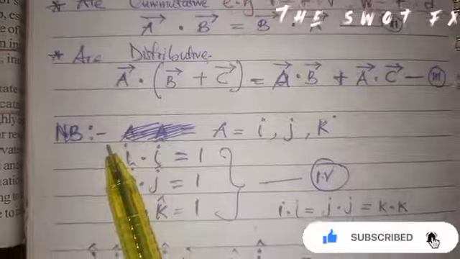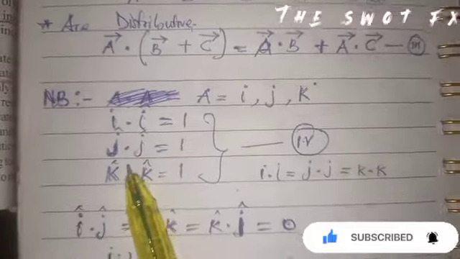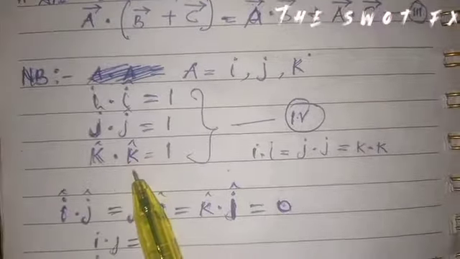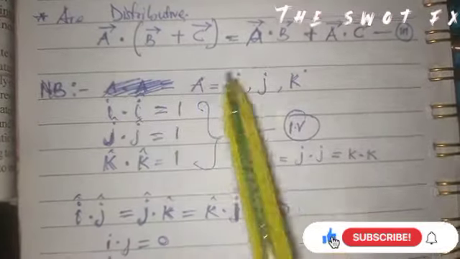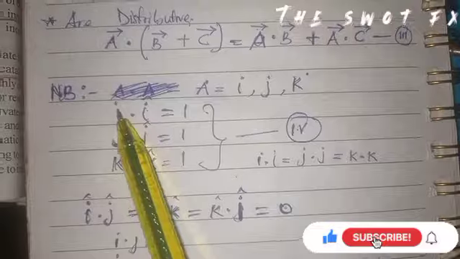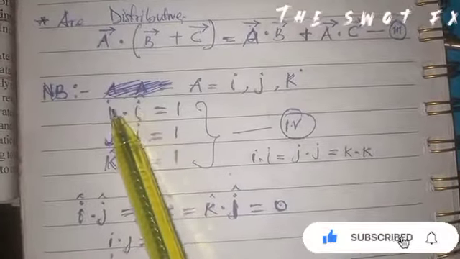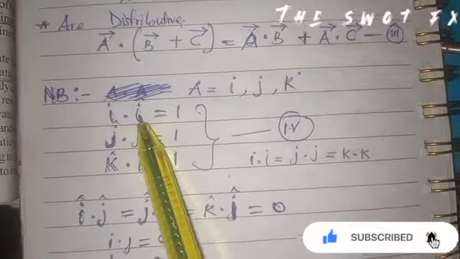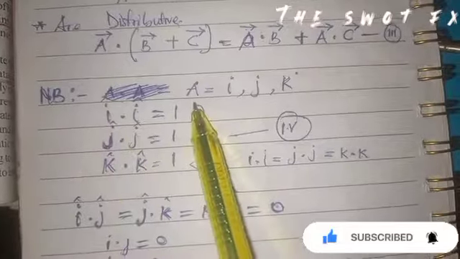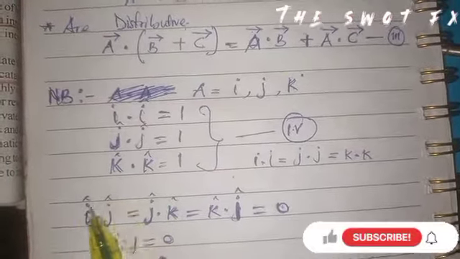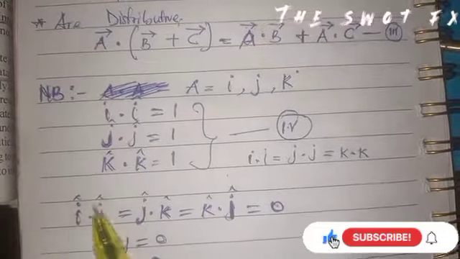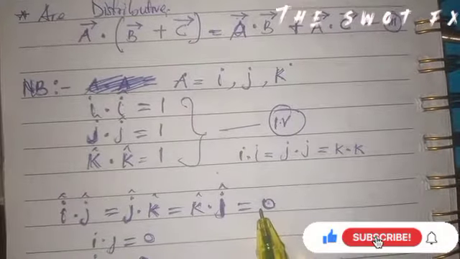So now this is a point I want us to understand. This is a very important and vital point. When we have 3 dimensions of a vector, each similar dimension can multiply each other to give 1, but different dimensions of different vectors cannot multiply to give 1, so they will give you 0.